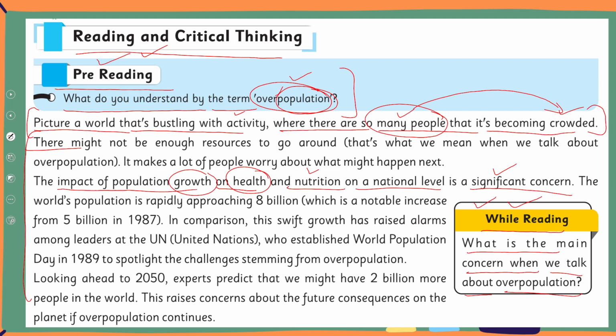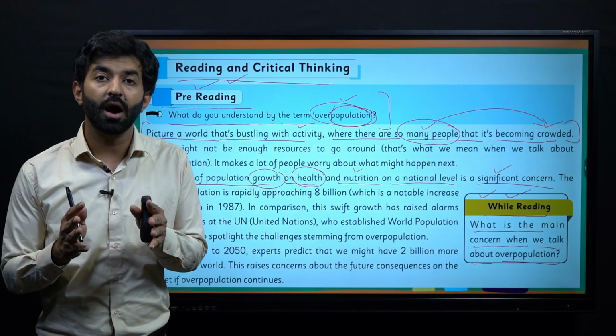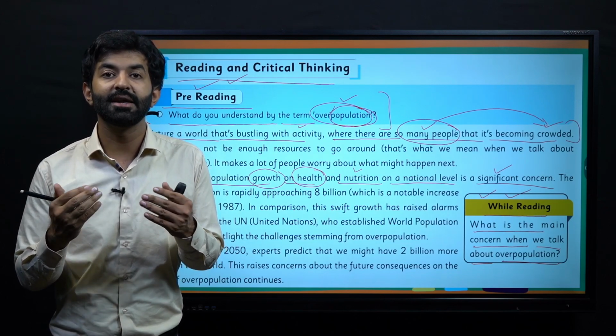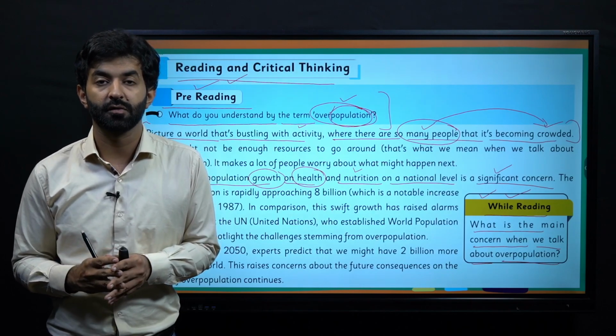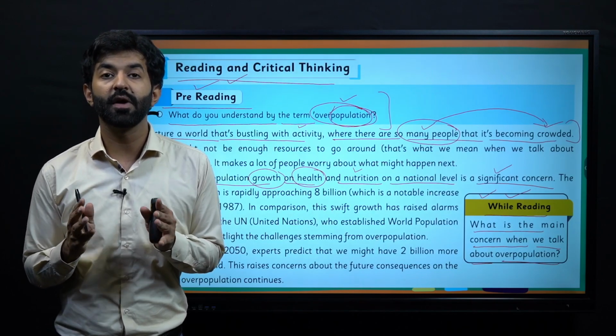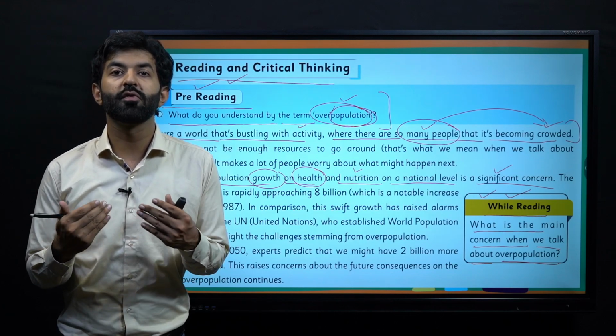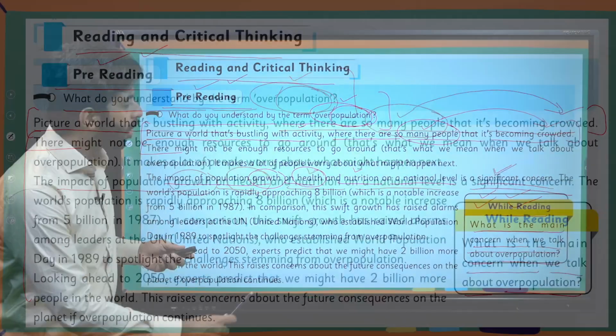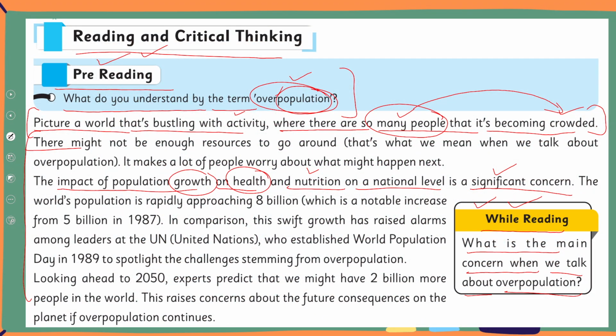Now students, you have noticed that there are so many numbers, figures, facts, and data presented in the text. These things are very important if you want to provide evidence with your answer. So, highlight all these points, like 8 billion from 5 billion in 1987. Now the population has increased to 8 billion.